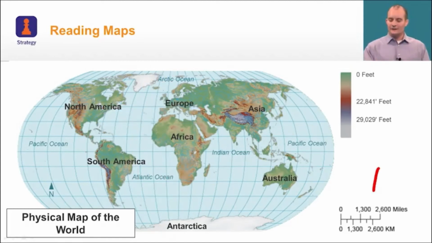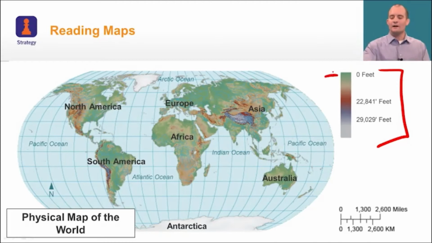In addition, here's your scale, which we talked about. Now this map right here, can you recall what type of map it is? Well, it's a physical map. Now we know it's a physical map because it's showing physical features, like we said, rivers or mountains. Now in addition, it's showing over here, judging by the different colors, how high above sea level the different areas are.